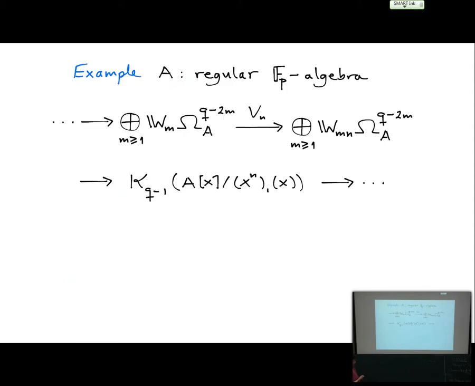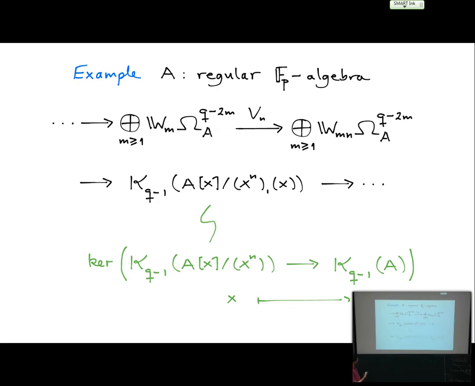Let me also give an example to say that this can be used to calculate K-theory. So this is a theorem of myself and Ib Madsen. If A is an regular F_p-algebra, then the K groups of a truncated polynomial algebra with coefficients in A, relative to the ideal (x), contain the K groups of A as a direct summand, and this is the remaining part.